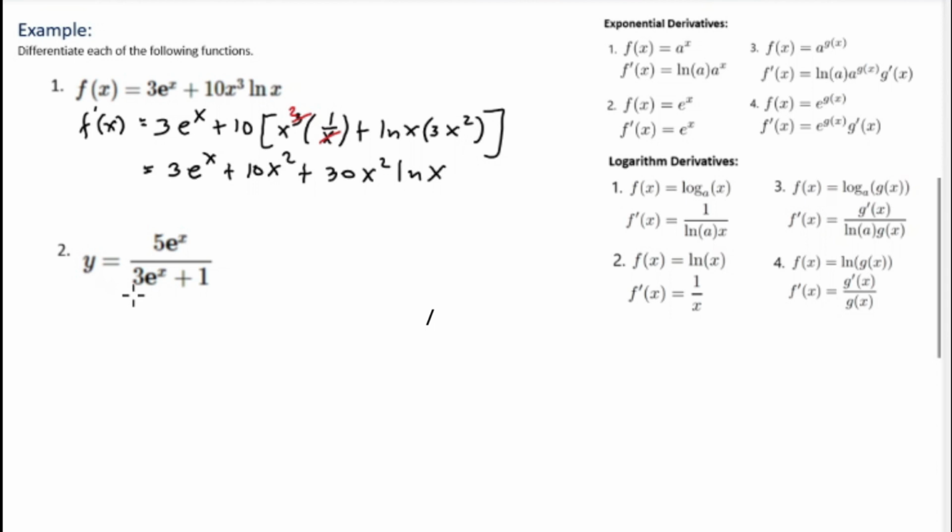Example number 2. y = 5 times e^x all over 3 times e^x plus 1.